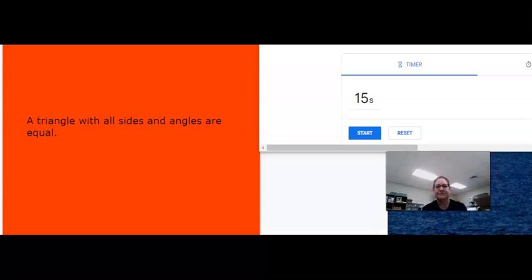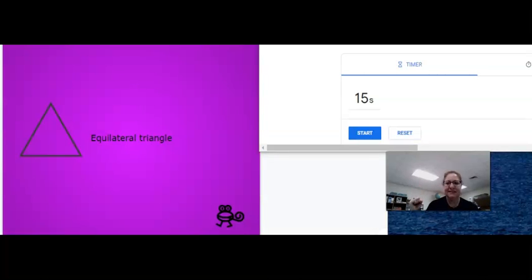All right, a triangle with all sides and angles that are equal. What type of triangle has all sides and angles equal? Yes, equilateral triangle.